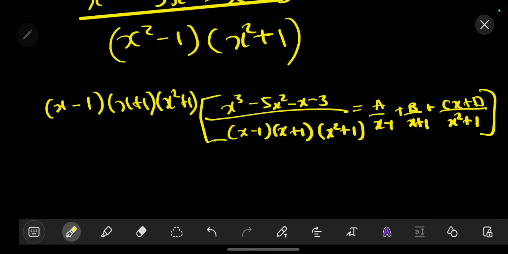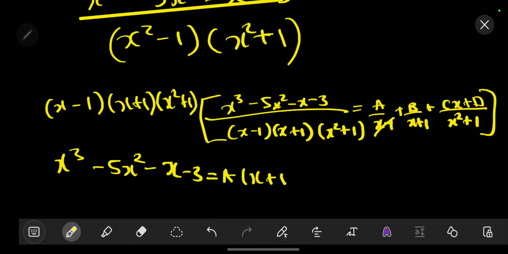This will give us a value of, so already this and this will cancel, so we are going to have x cubed minus 5x squared minus x minus 3 should be equal to, so here this one cancels, so we are remaining with a, open brackets, x plus 1, then x squared plus 1, like that.